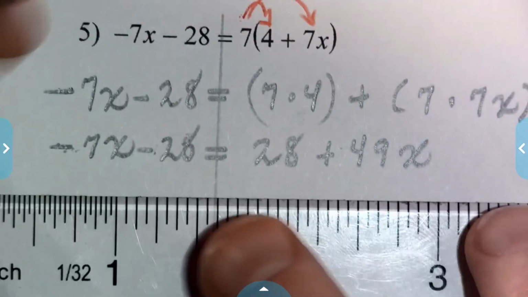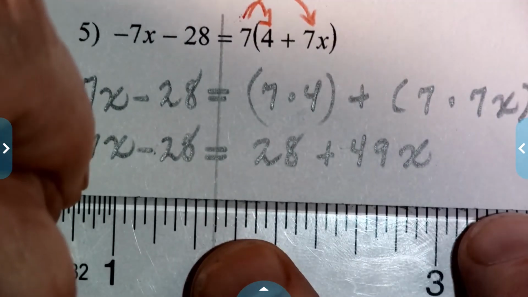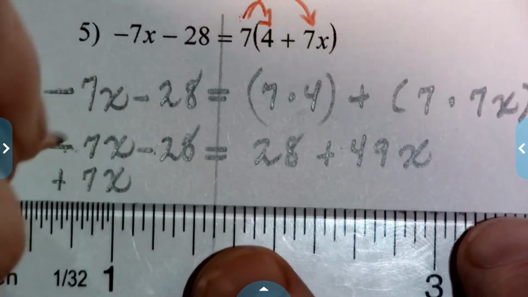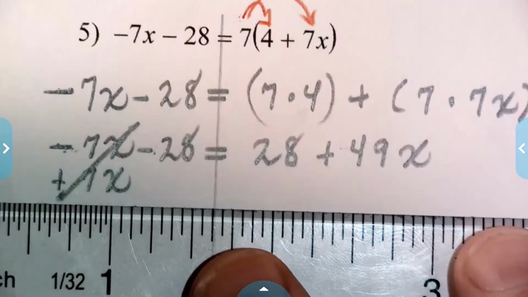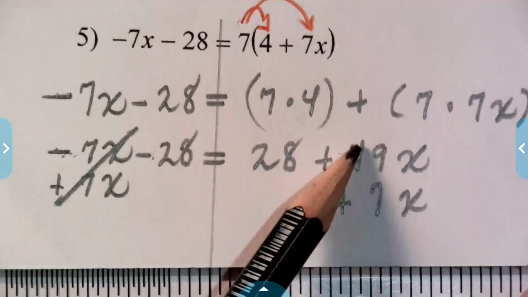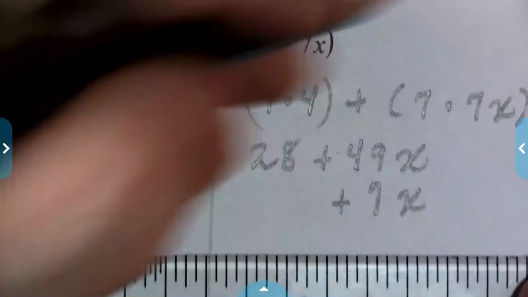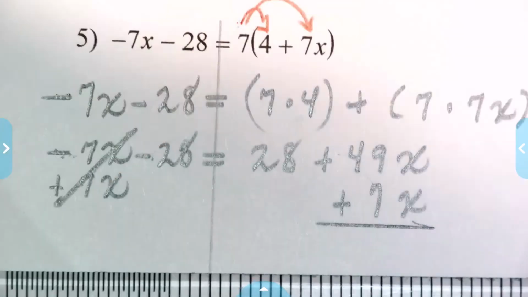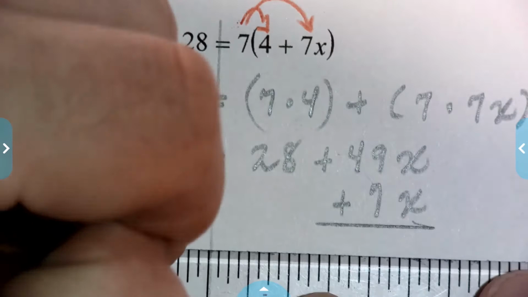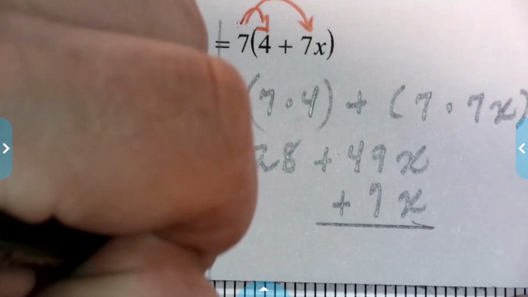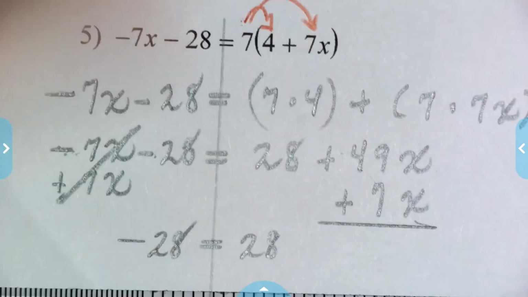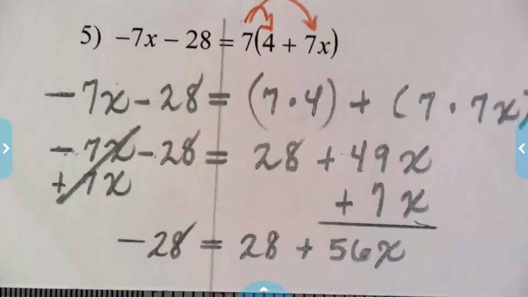So what we're going to do is add 7x to both sides. See, we got x on both sides of the equation, plus 7x. And we know that this is going to give us 56x, right? So what we got is negative 28 equals positive 28 plus 56x.